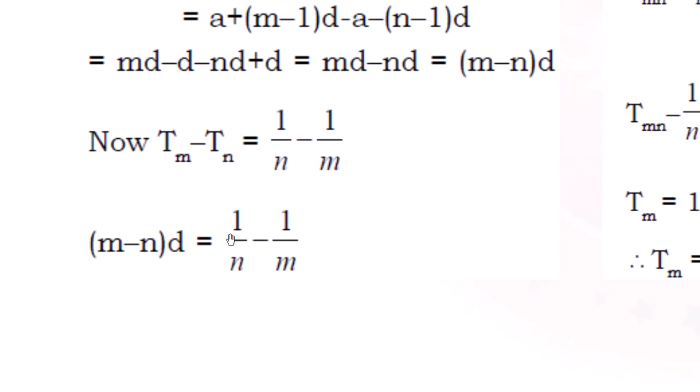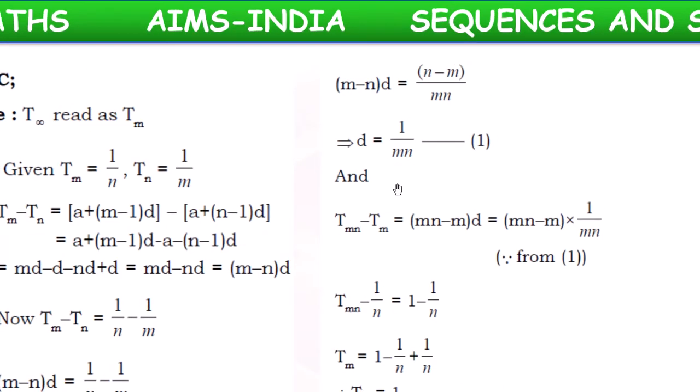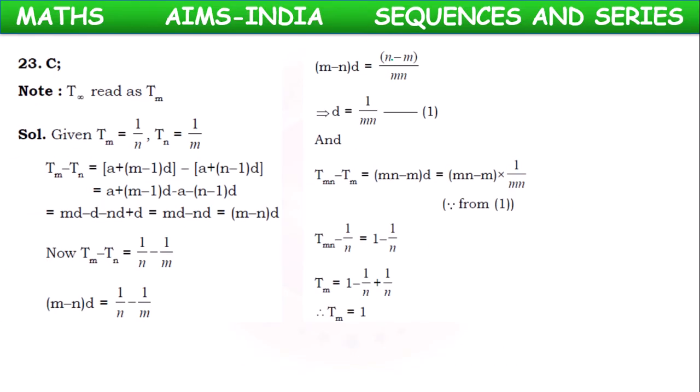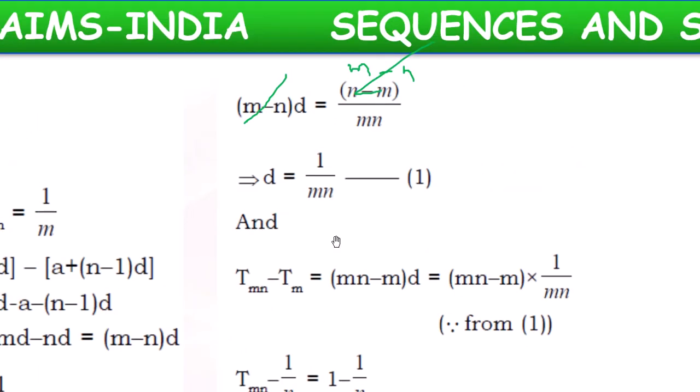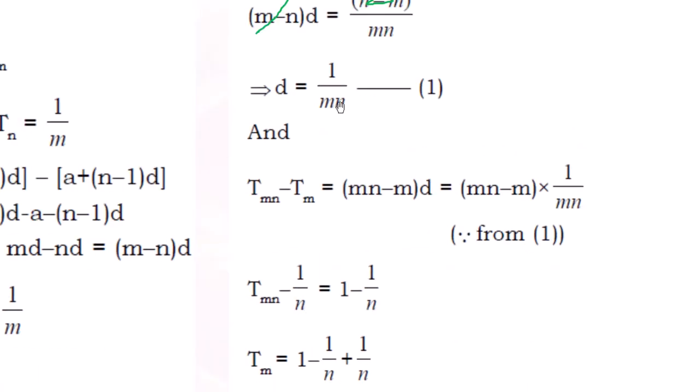Actually this is m minus n, children, not n minus m, because m into 1 is m, n into 1 is n. So this is m minus n. The m minus n cancels, and d equals 1 by mn.